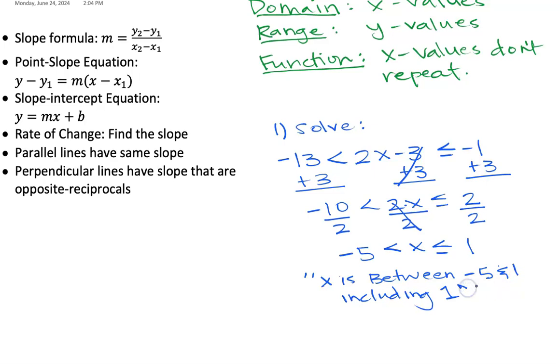So when you're thinking about what that is, you're thinking about a number line, right, because it's going to tell you to solve it, graph it, and put your answer in interval notation.